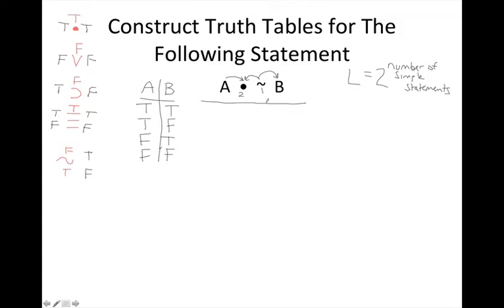So not true is false. Not false is true. Not true is false. Not false is true. Now we take these values and compare them with A. True dot false is false. True dot true is true. And then wherever you see even one false, the sentence is false.